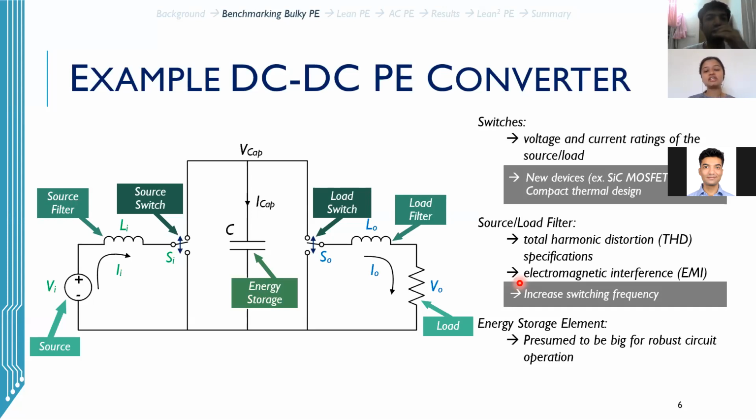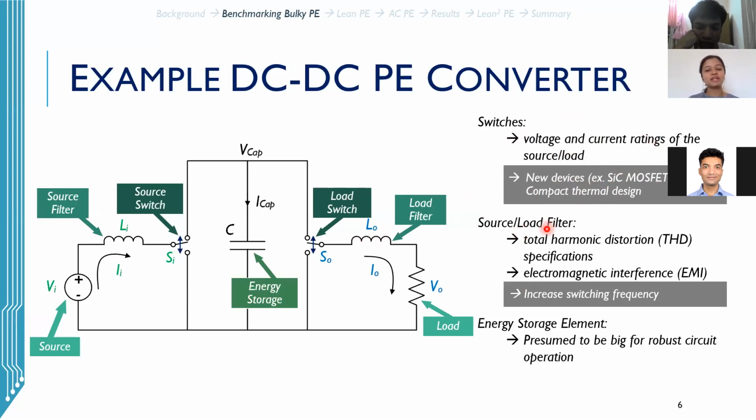If we look at each and every one of these components one by one, we see that the switches are typically rated for the power throughput, or in other words, the voltage and the current ratings of the source and the load. As we discussed a couple of slides before, as we move towards wide bandgap devices, we can target compact thermal design.